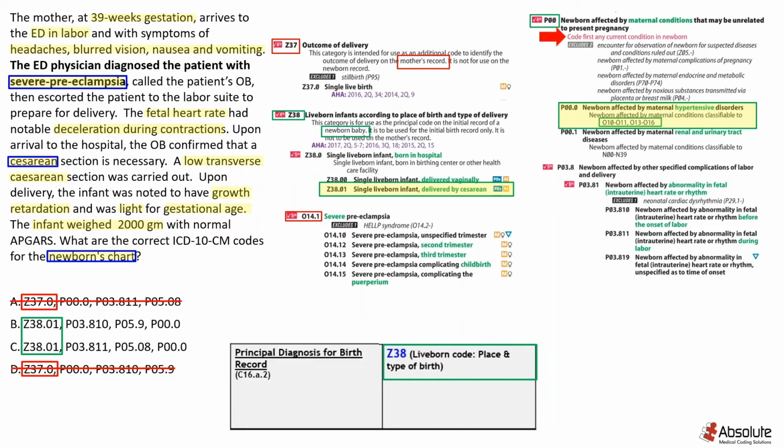So let's look into the next set of codes. Option B and option D are coding for P03.810 and P03.811 respectively. So let's look at what these codes are.